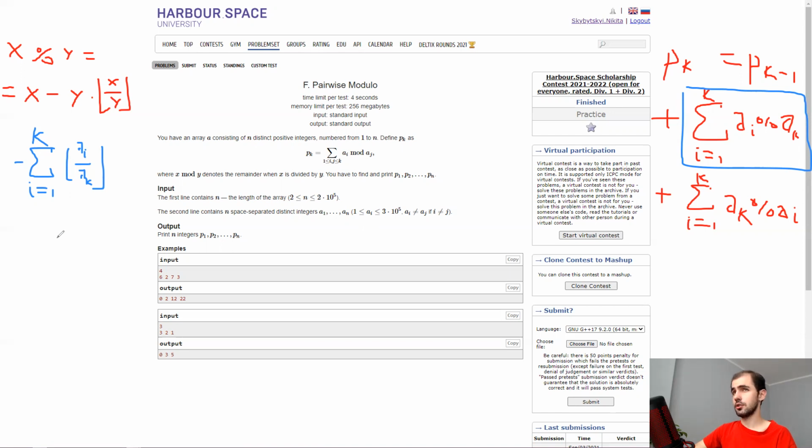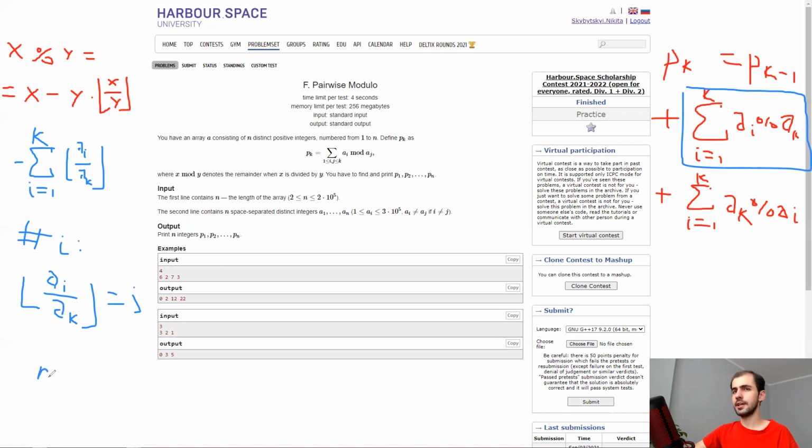So what we want is some data structure once again that can tell us how many values of I there are, such that AI divided by AK is equal to J for some value of J. Then we are able to loop over all values of j naively, of course, because how many values of j are we actually interested in?